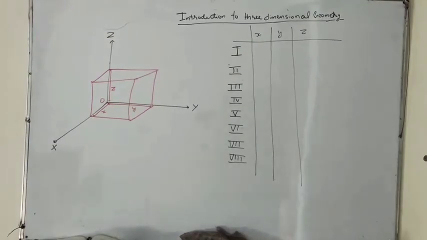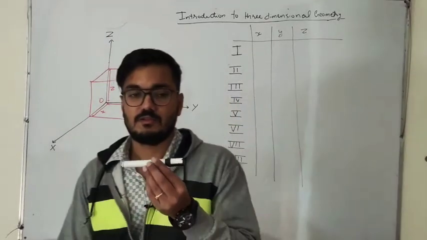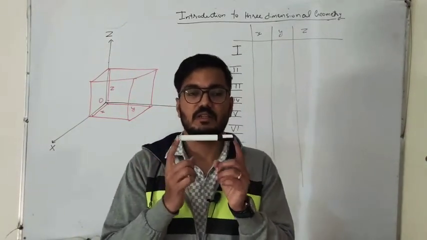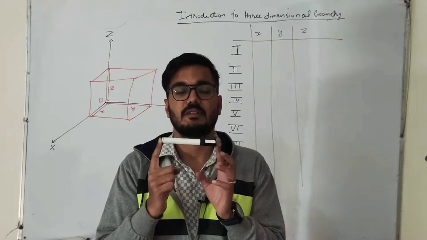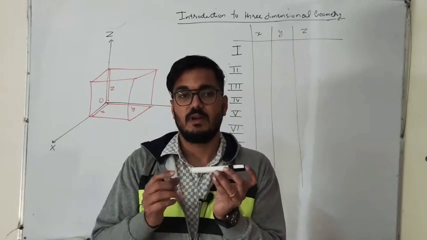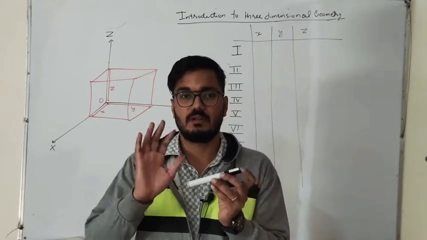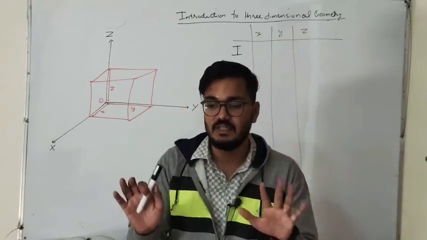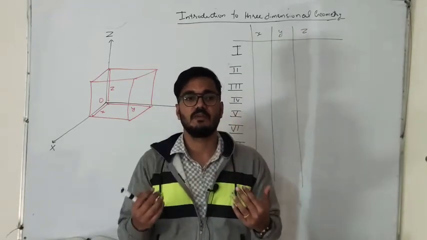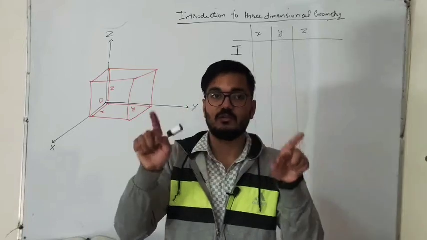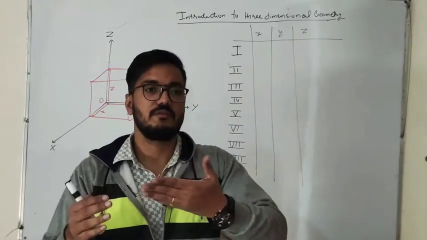That means, like, if you see this marker, right? This marker is actually in 3 dimensions. If you are watching me, you are watching me in a two-dimensional plane, right? On your phone only.